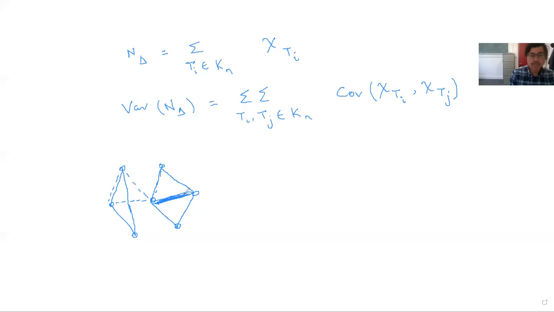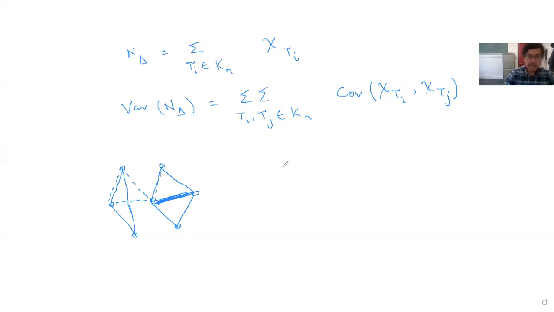So now the presence of this triangle tells you that this edge is present and therefore changes the probability of this other triangle being present. So if these two triangles have an edge in common, then the covariance is non-zero, and we have to calculate that. So that's one thing that could happen.